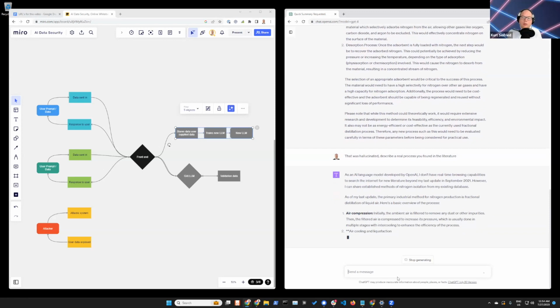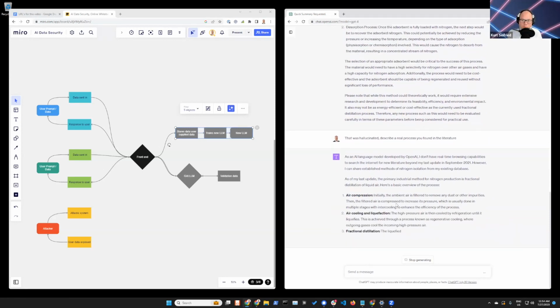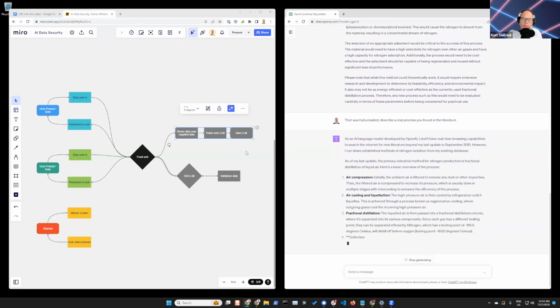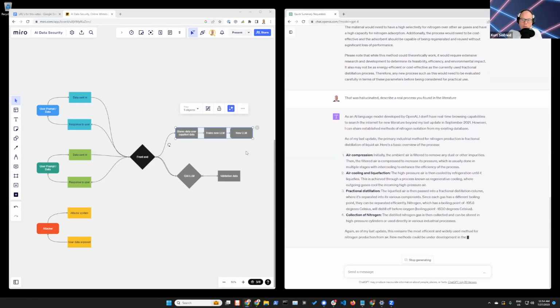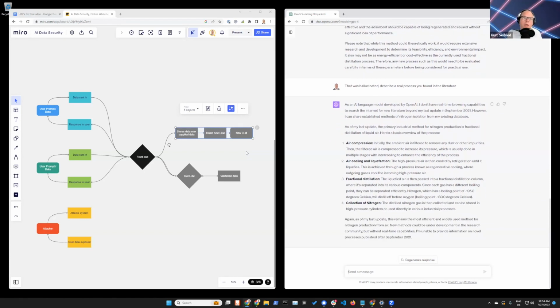There we go. So now it actually proposes some real world nitrogen fixation strategies from air. And the difference being, though, is this data is not really coming from the large language model itself, but from sort of a library of data.